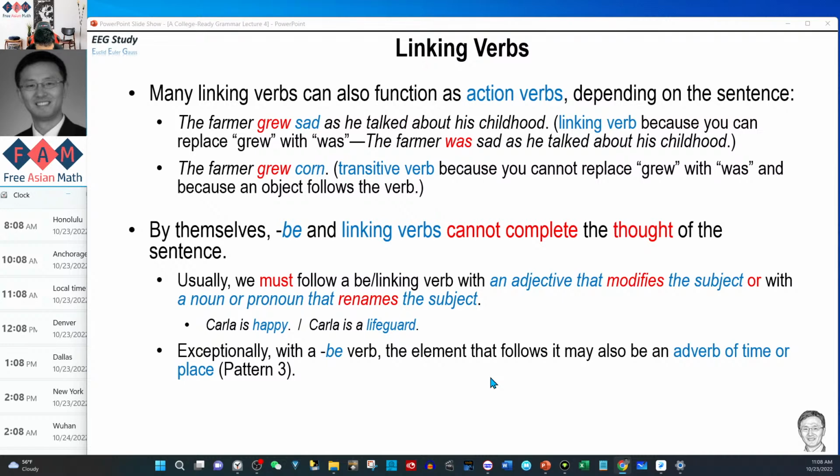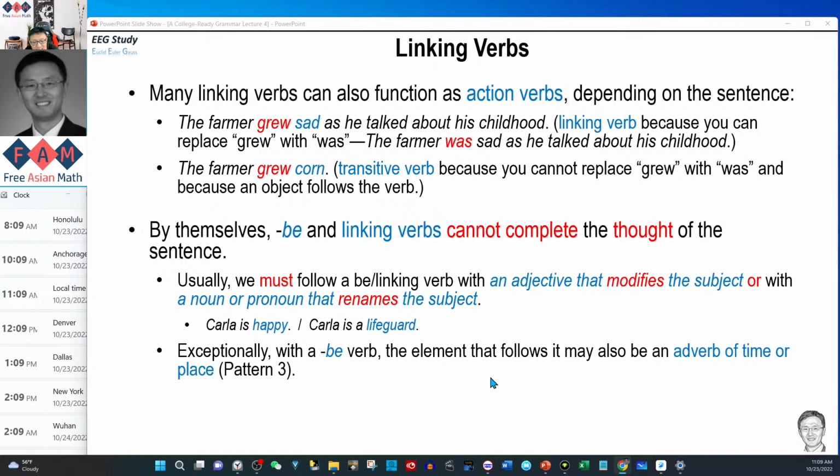Exceptionally, when we have a subject and a be verb, we may add an adverb, and that adverb is in pattern number 3. Okay, so in this case, we are not connecting the subject to the adverb, because that doesn't make sense.